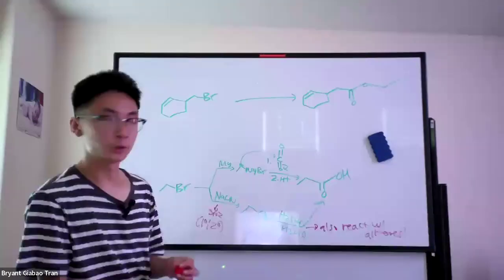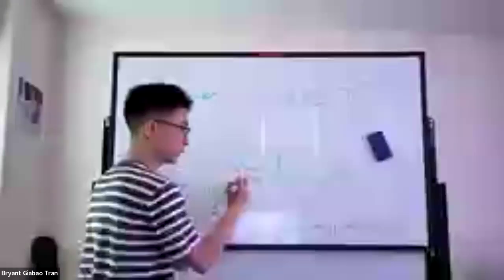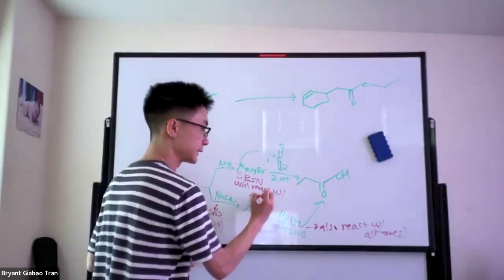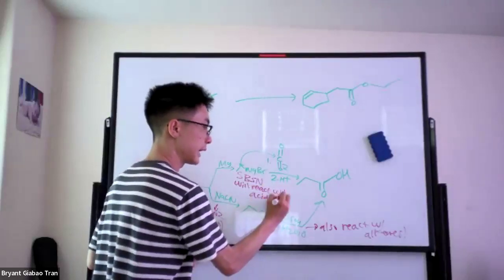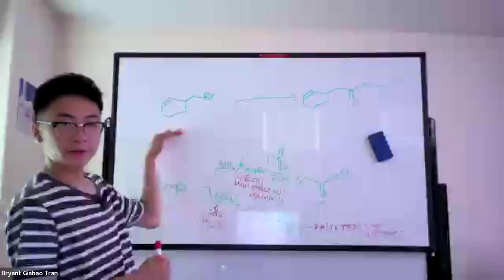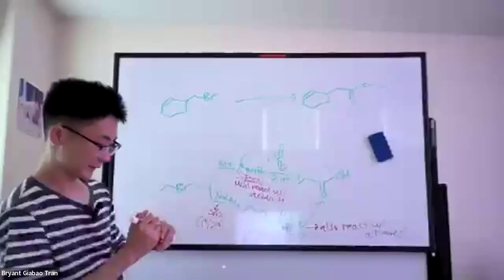Tertiary substrates are too sterically hindered. Right? But for Grignard reagent, this Grignard reagent is a strong base, strong nucleophile, so it will react with acidic hydrogens that are present. Right? So based on the starting material here, which route do you want to go for?